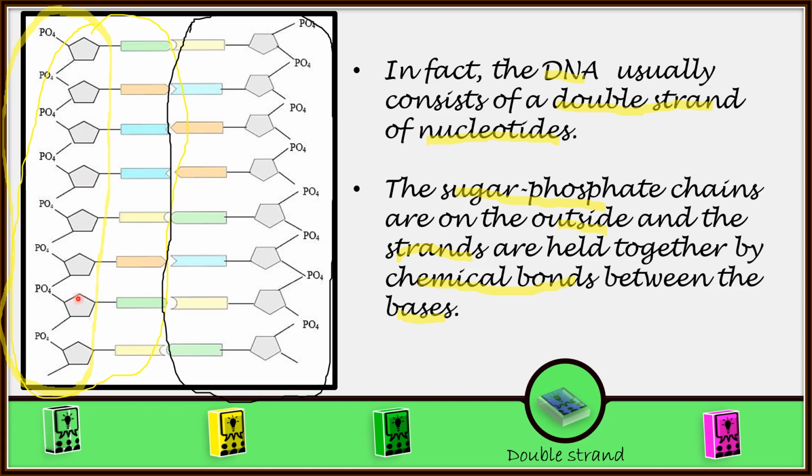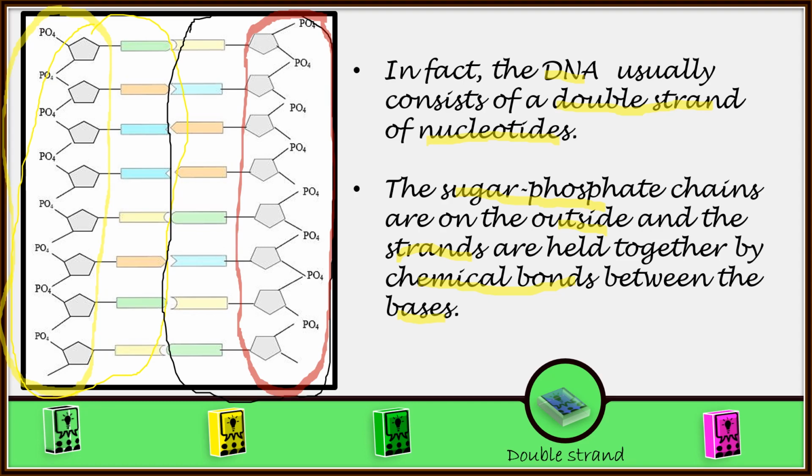These are the sugars and the phosphates, they are on the outside. They are forming a chain which is on the outside of the strand. The same applies on this side. This side we have the phosphates and the sugars forming the outside part of the strand.